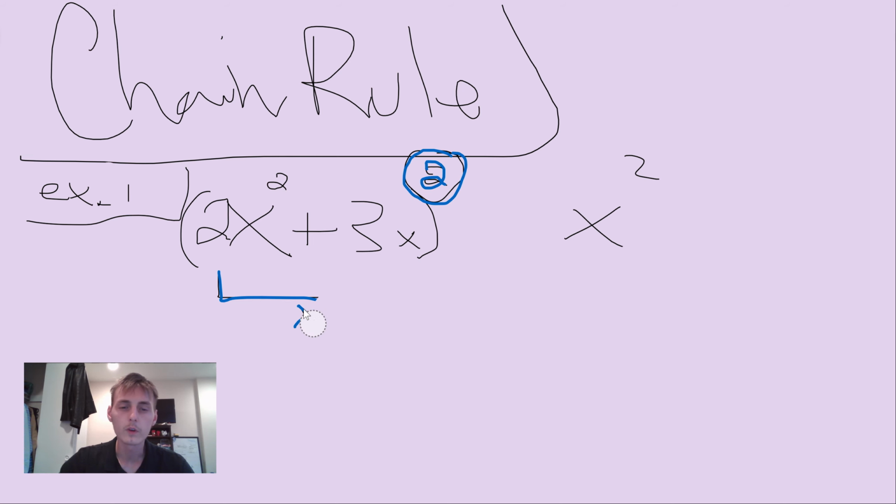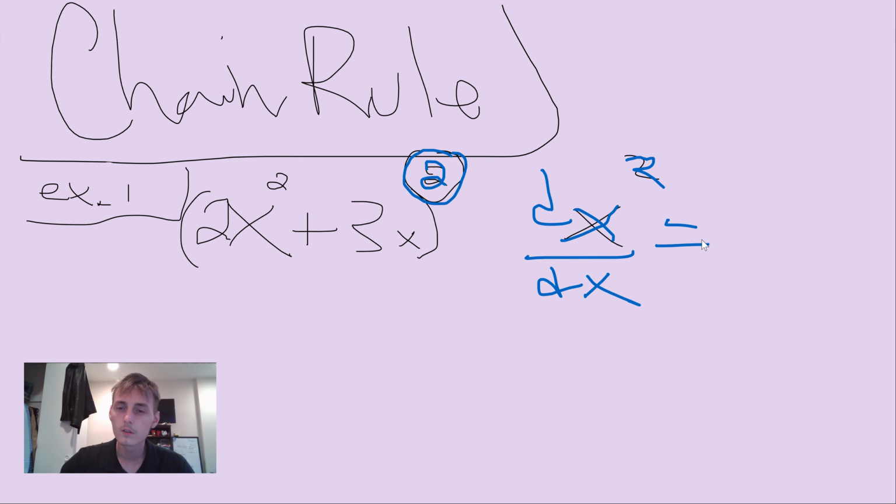So our first equation, x squared. The derivative of this is an easy 2x.